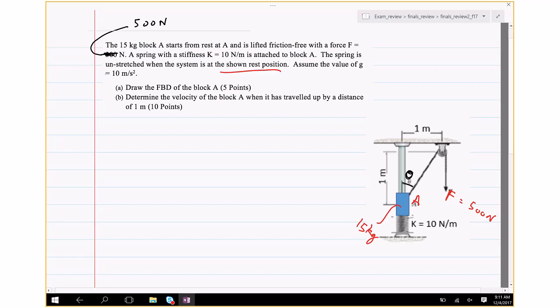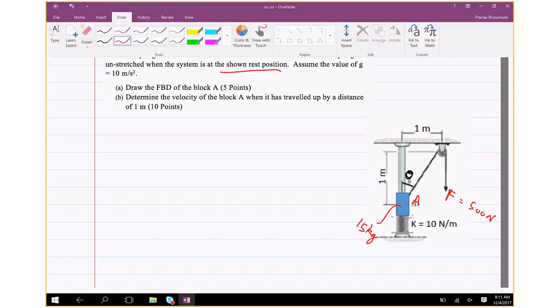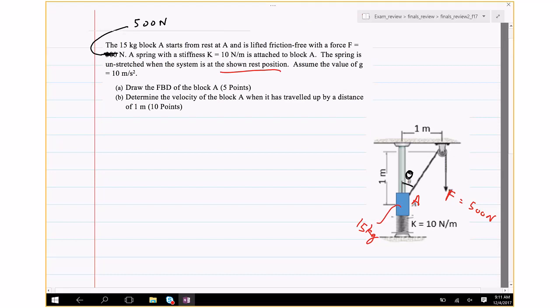Assume the value of g equals 10 meters per second squared. Draw the FBD of block A and determine the velocity of block A when it has traveled up by a distance of 1 meter. This was a question last semester. The other instructor gave this problem, so I thought it was a good problem, so I'm doing it.